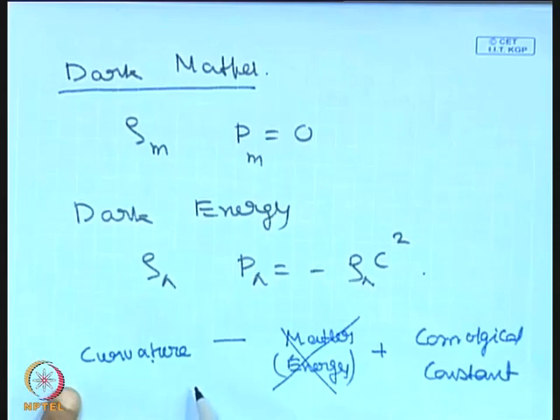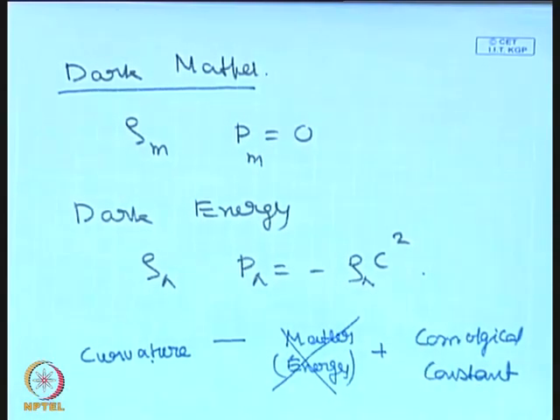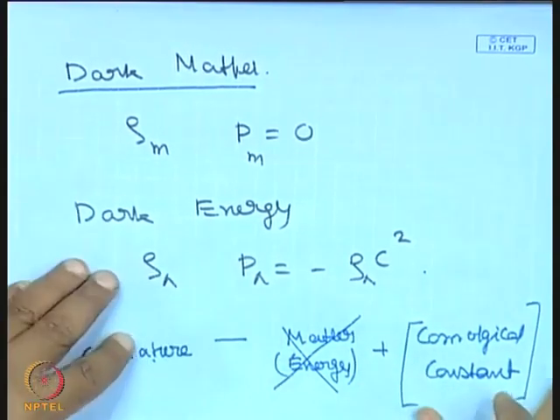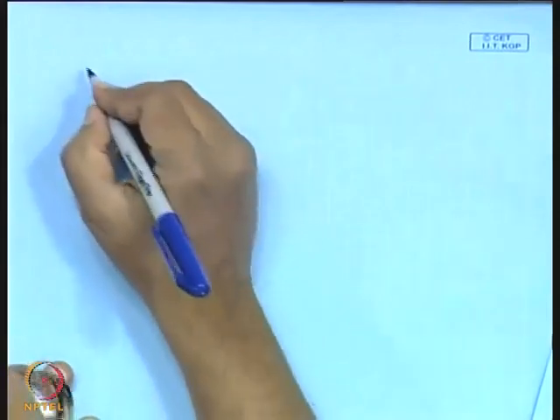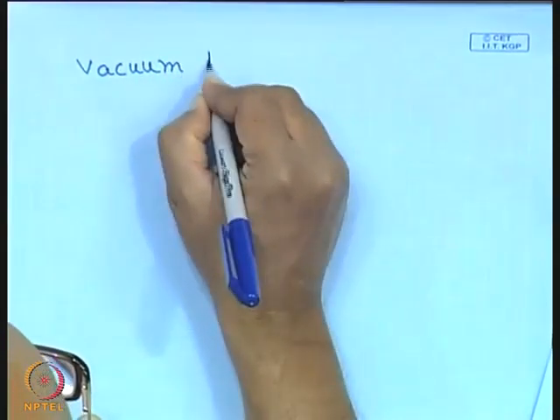Einstein's theory of gravity allows the possibility of there being a constant which can also make the space time curved, even in the complete absence of any matter and energy. This is a property of the vacuum, the cosmological constant, so it is also referred to as vacuum energy.